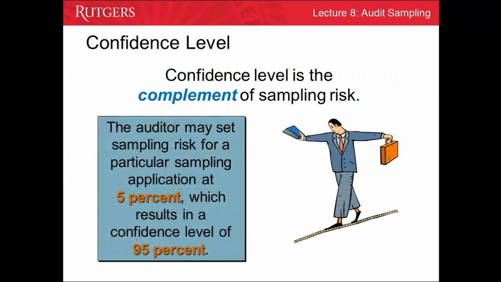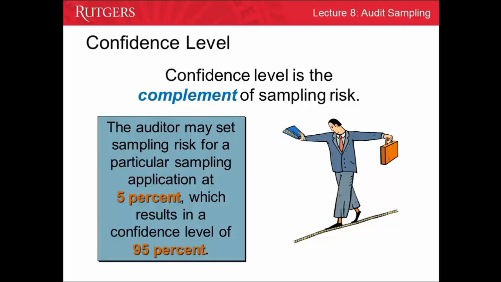So first, let's take a look at the confidence level. The confidence level is the complement of sampling risk. Because of this, the auditors can set either confidence level or sampling risk.